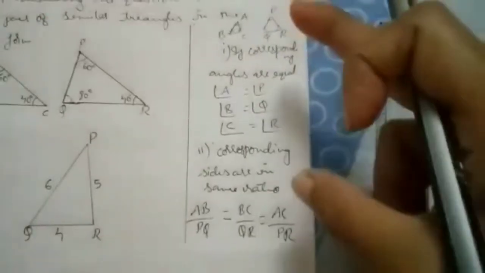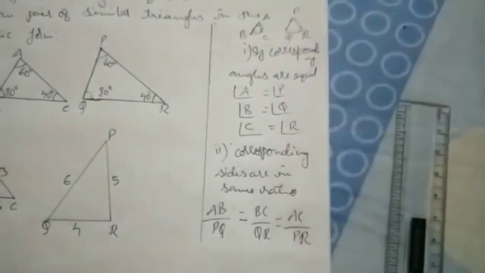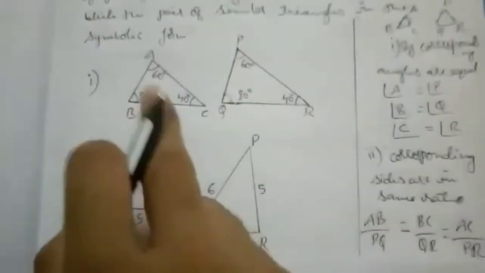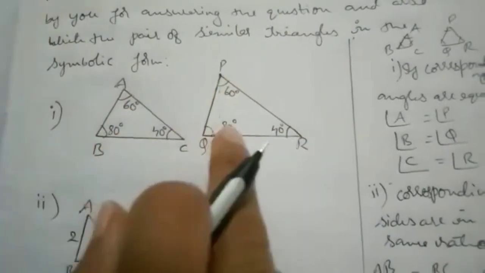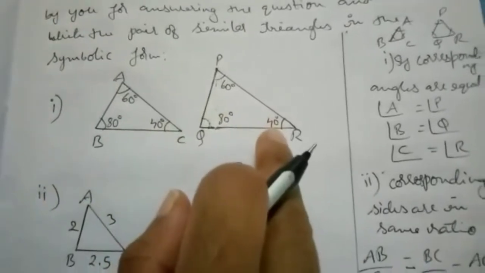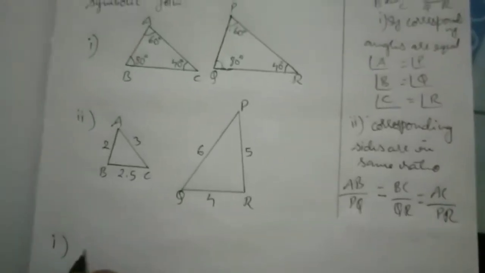So now you know how two triangles can be said to be similar. Now we'll solve this problem. First we'll solve the first question. Observe the two triangles here: 60 degree, 60 degree, 80 degree, 80 degree, 40 degree, 40 degree. All angles are equal, right? So we'll write it down.